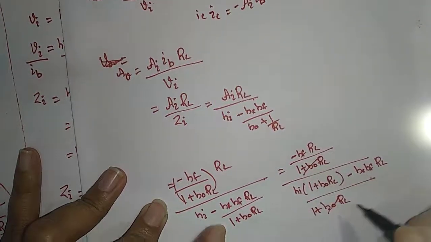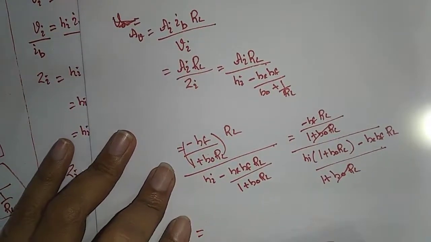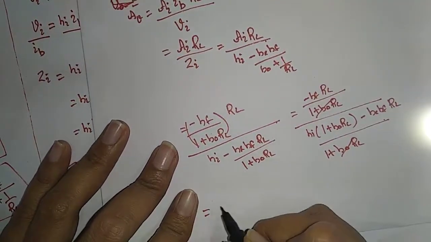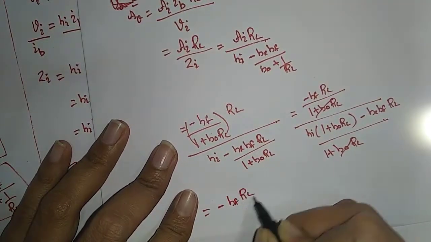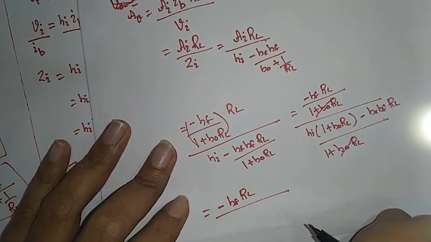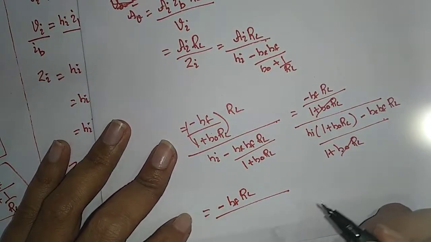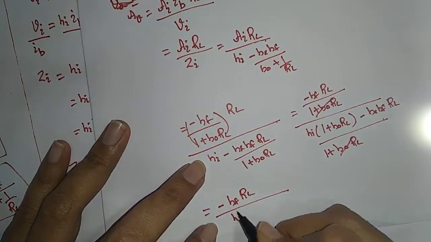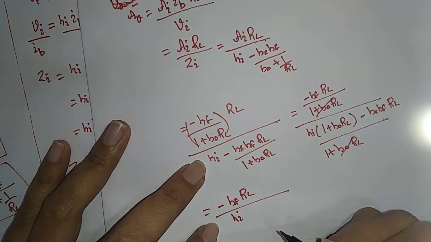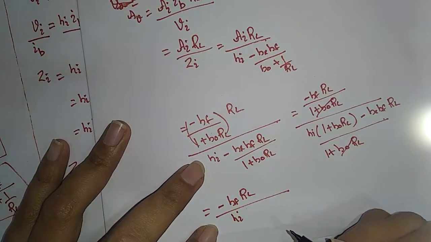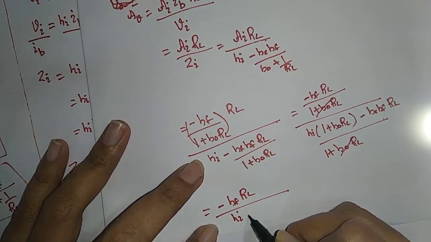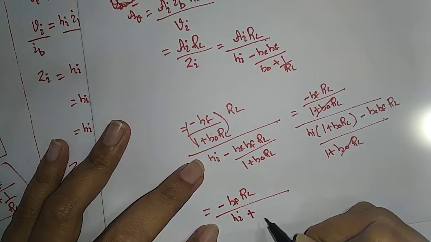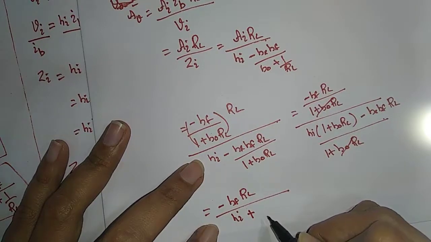So these two terms will cancel and I can write my equation as minus Hf RL divided by Hi plus delta H into RL.